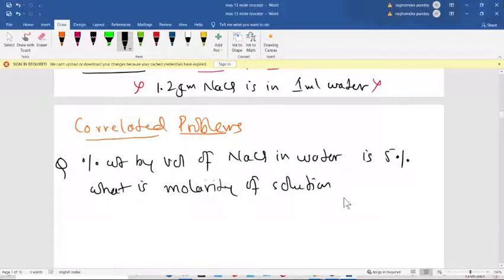Now in this you are given that the percentage weight by volume of NaCl in water is 5%. What is the meaning of this?